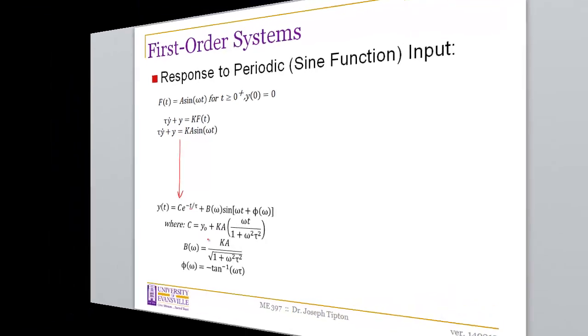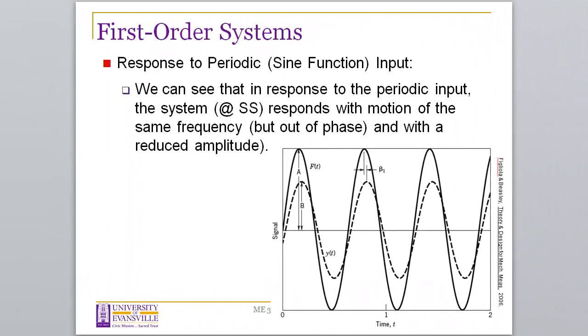What does this look like? Okay, well, after the transient has died out, so I let at least 5 time constants pass, I'm left with an oscillating output from my measurement system. And this graph here shows the solid line, which is my system input, my signal input to the system. Okay, it has an amplitude and a frequency.